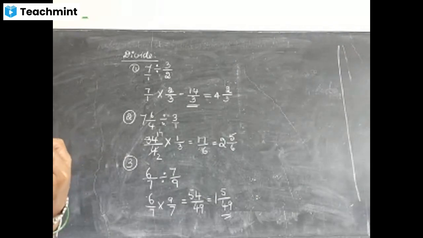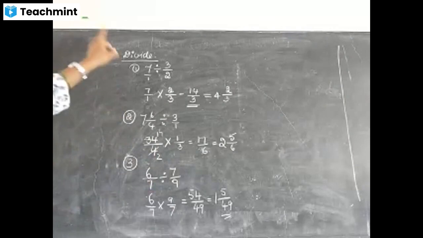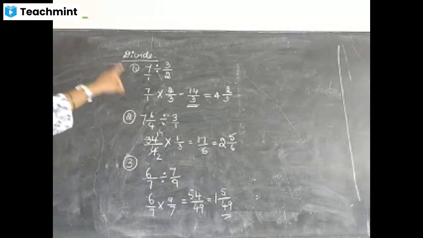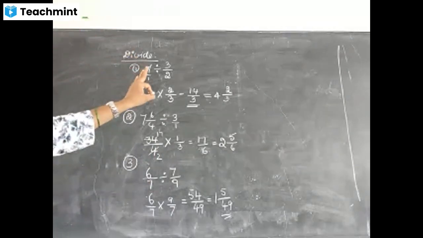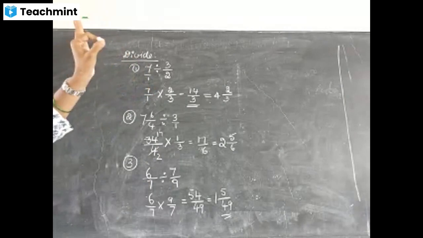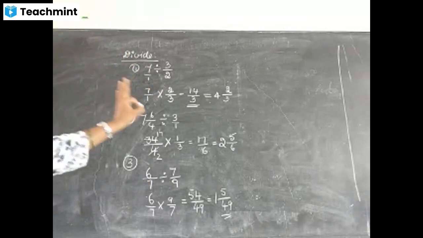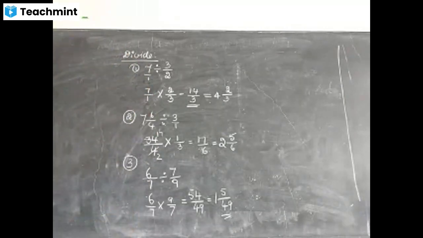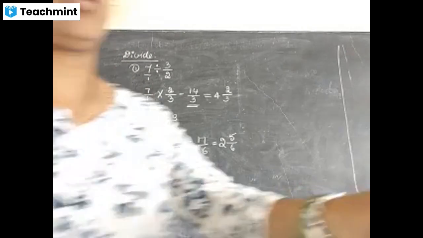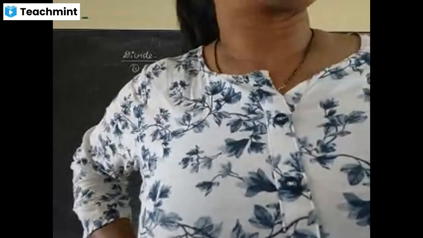In division, there is a condition. The division sign becomes multiplication, and at the same time the second number becomes the reciprocal of the given number. Then you go for the cancellation and multiplication. So this is about addition, multiplication, subtraction. Now from your exercise, I think you don't have the reader, no problem. Exercise 2.1.